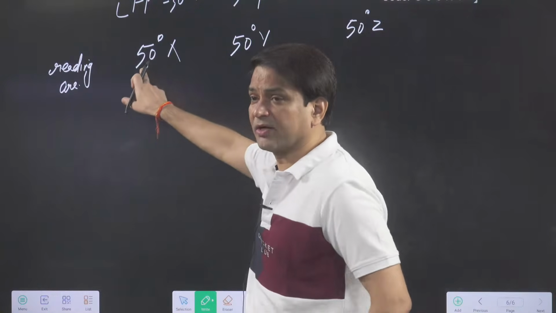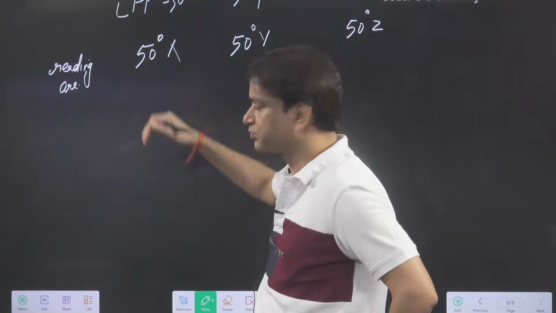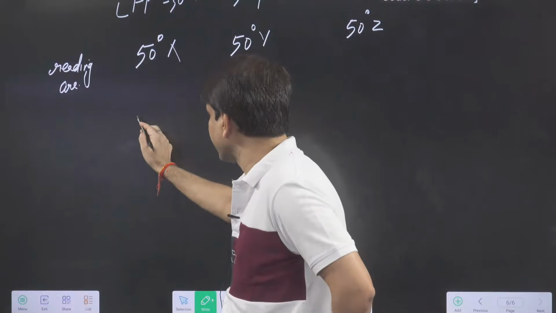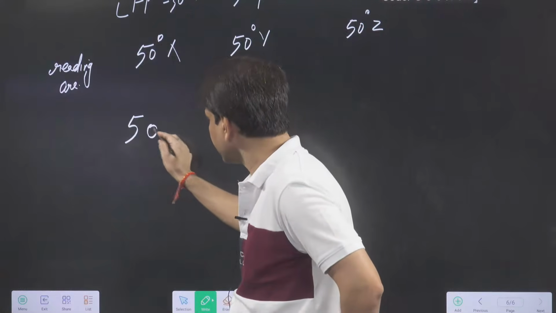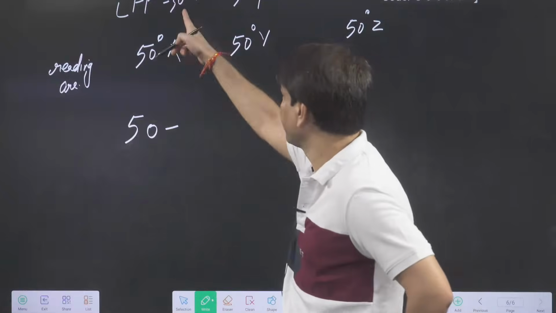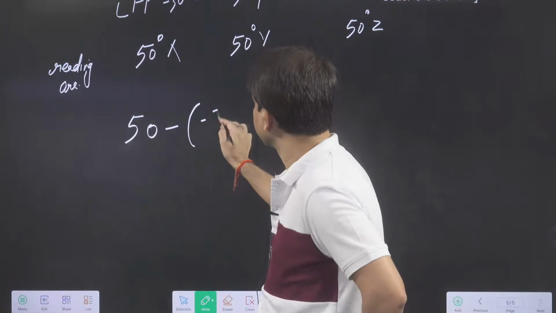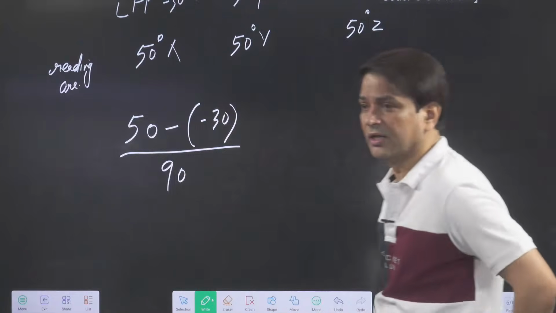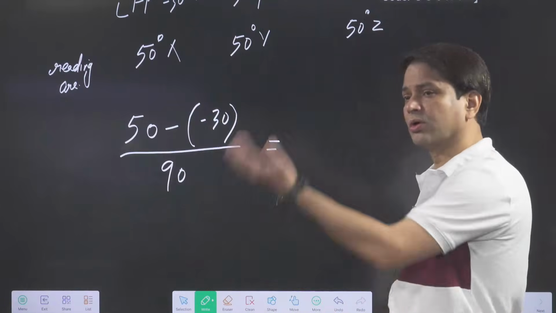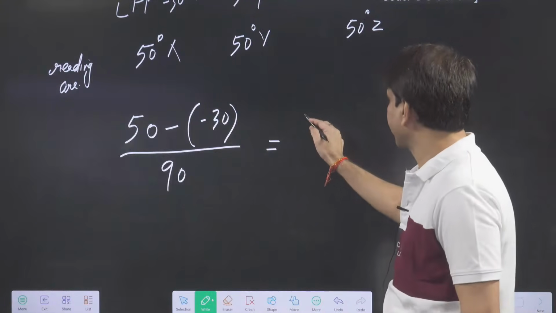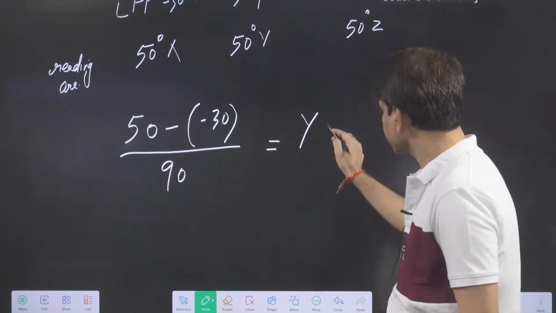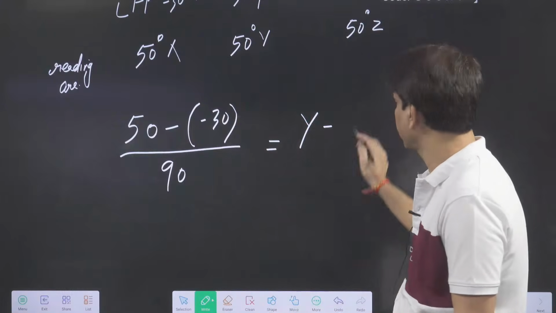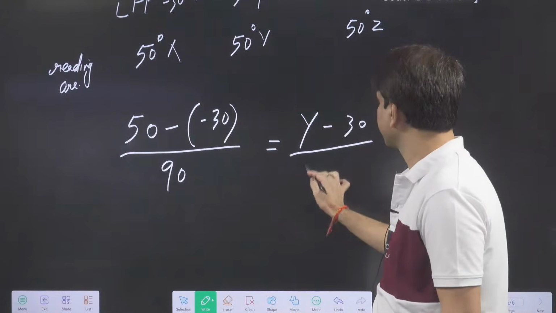Okay, so first I am converting 50 degree X in Y. I will write: 50 minus the LFP of X, that is minus 30, upon total number of divisions, 90, is equal to, I want to convert in Y, so Y minus LFP of Y, which is 30, and total number of divisions, 90.